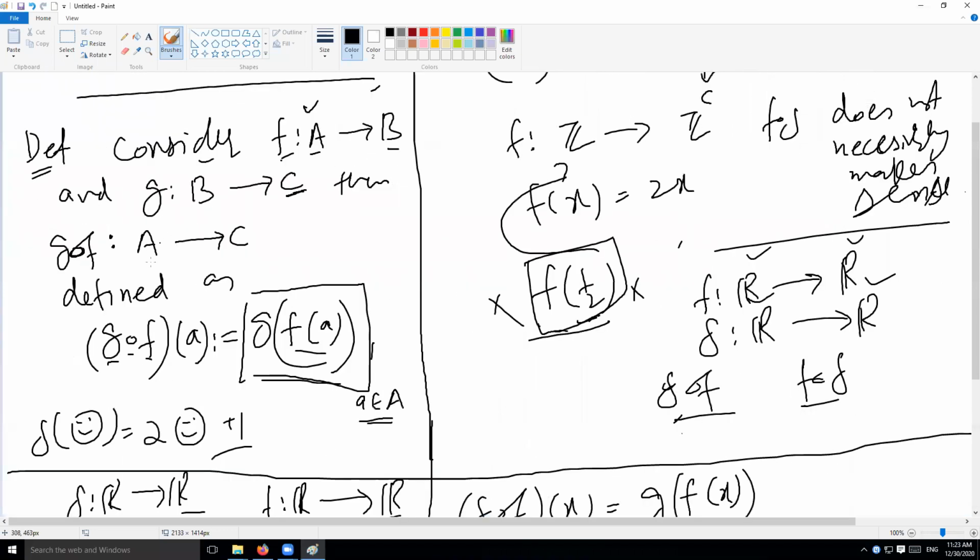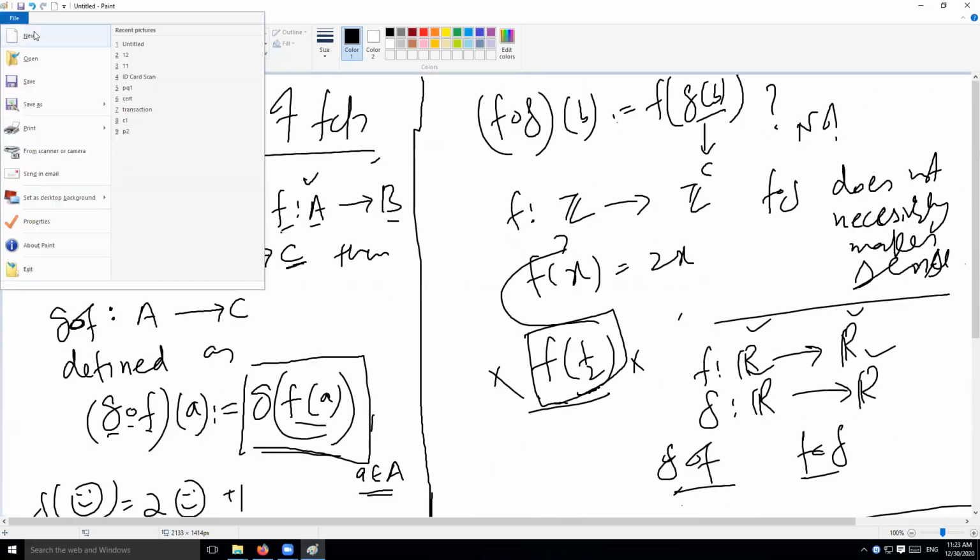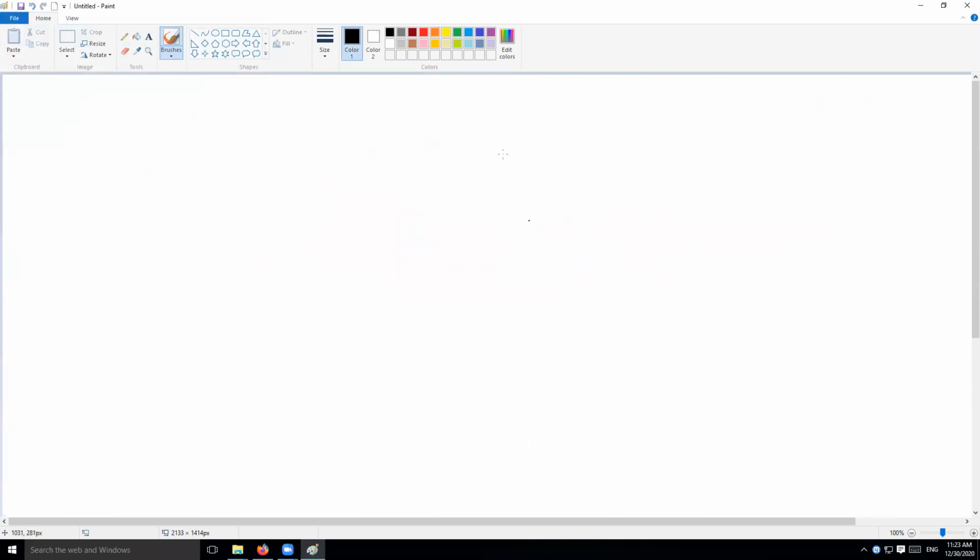How about now I compose, by the way, imagine f is a function from A to B, and I have an identity function.